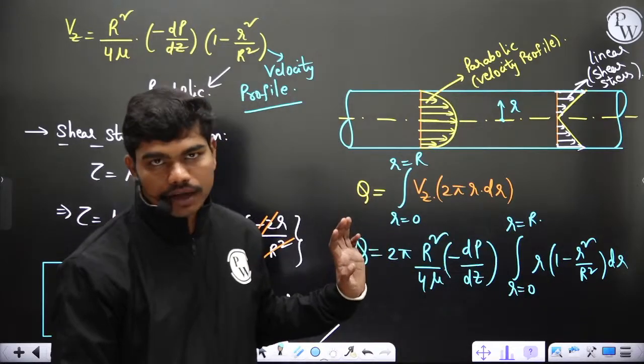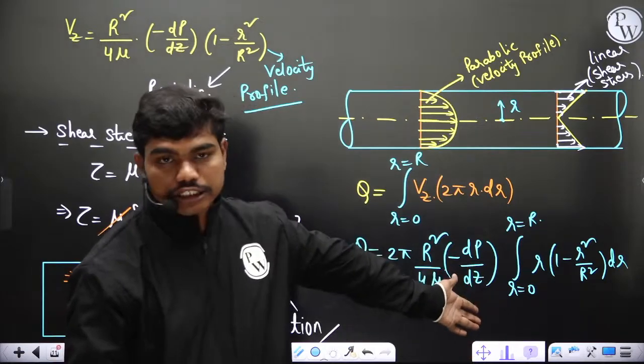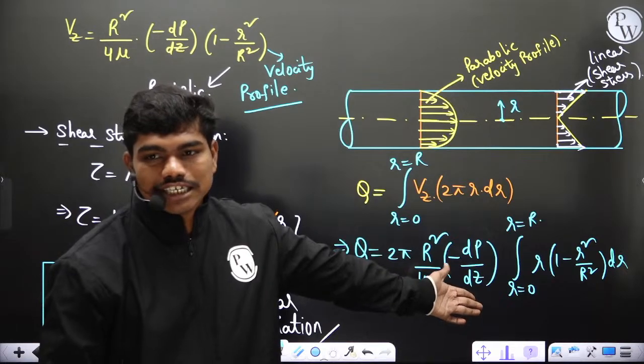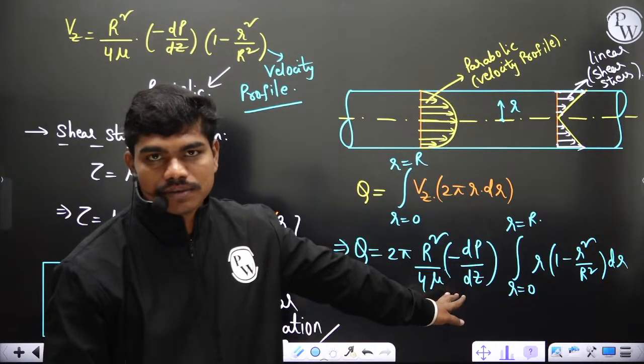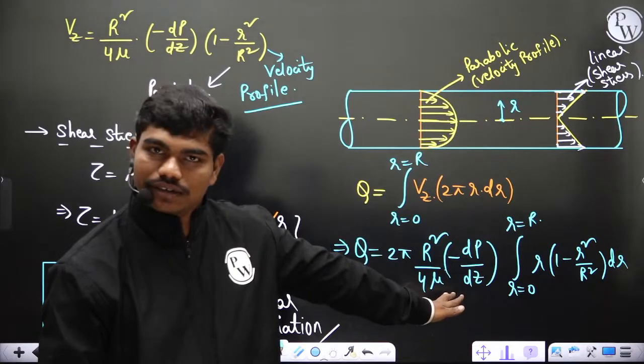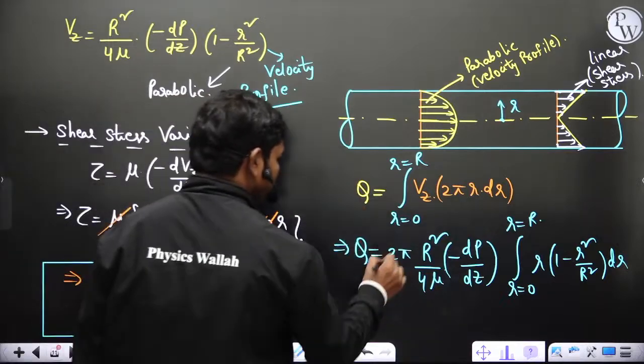Is this clear to all of you? Till this point is it clear? It's a single variable integration, you can simply do that. Yes or no? Clear? Fine.